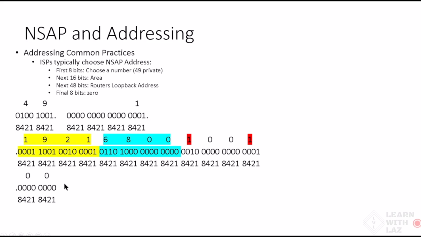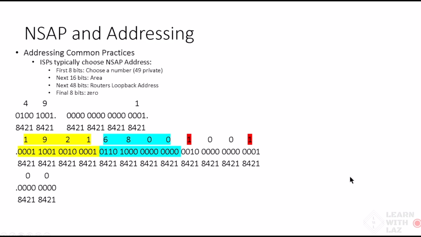And then the next selector is 0. So when they're telling you 48 bits, here are those 48 bits right here. Those are where those 48 bits sit. This is breaking it down into its binary format, showing you the hexadecimal values.